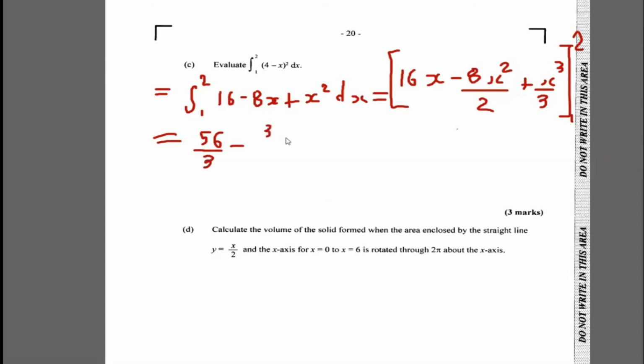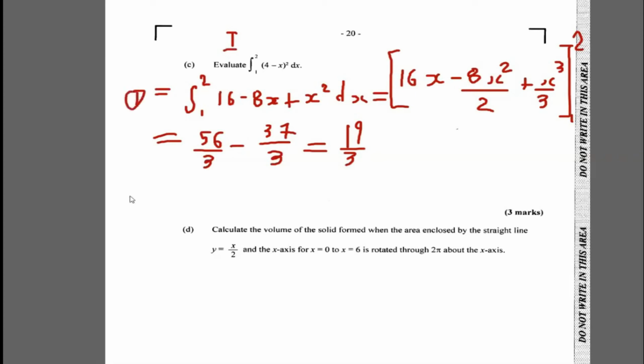So 56 minus 37 over 3. 56 minus 37 is 19. This works out to be 19 over 3. Now let's call this integration I. So this is method 1.